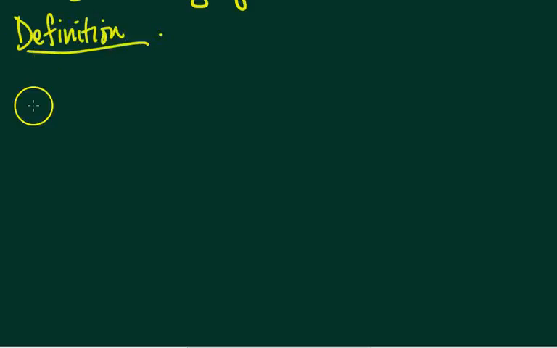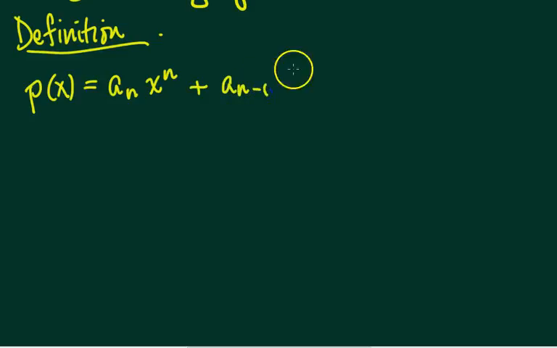Okay, so I'll call my function p of x for polynomial. So it has a lot of coefficients multiplying a lot of x's. And I'm numbering them all from the biggest to the smallest.